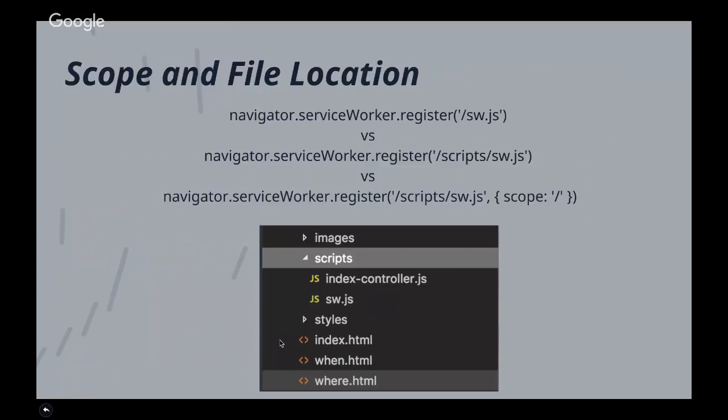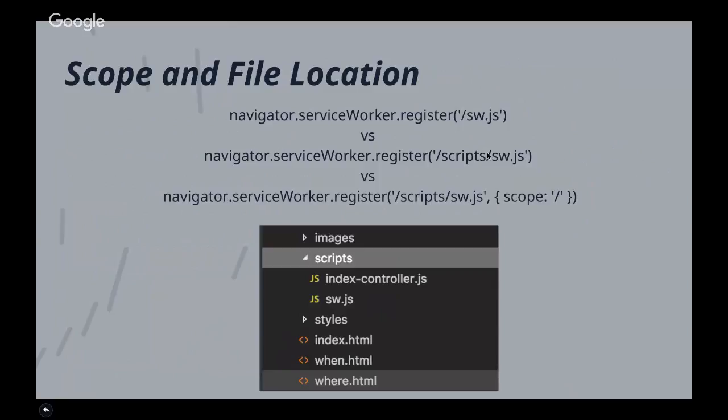When you register your service worker, it will only be able to track events or fetches that occur on the same level or below it. So for the first line, you could basically trap fetch events anywhere within your application.